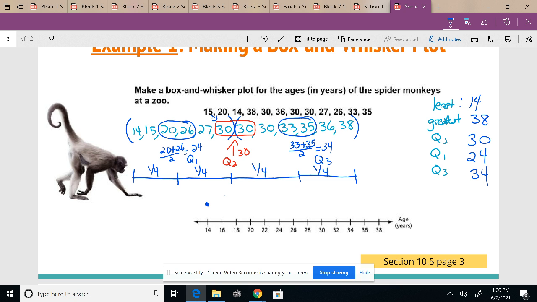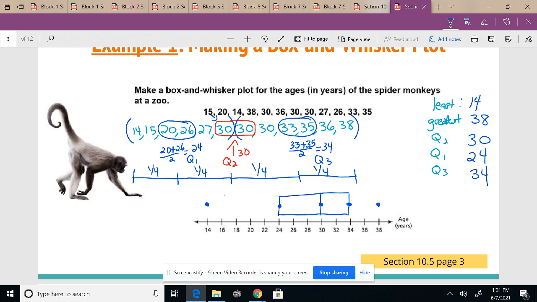So 14, 38, 30, 24, and 34. Okay. So now I'm going to take the 3 dots in the middle, and I'm going to draw a line through them, just through the 3, and then I'm going to connect.